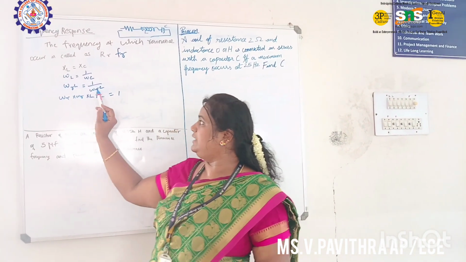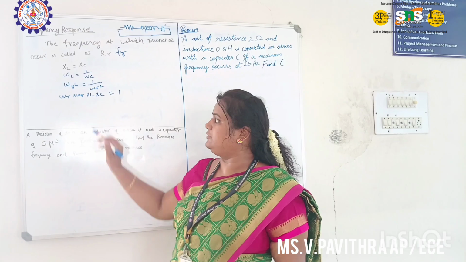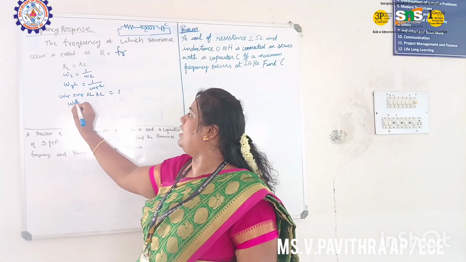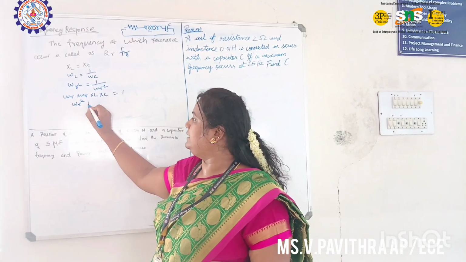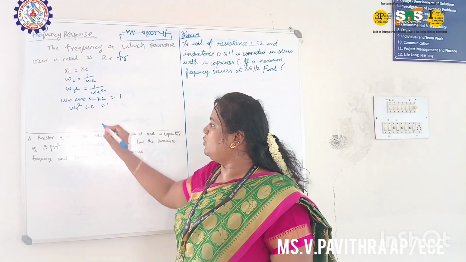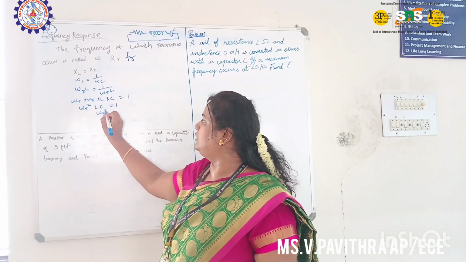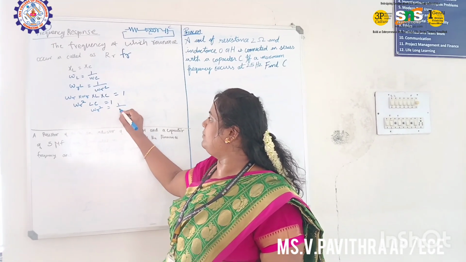So it becomes omega R square LC is equal to 1. So omega R square is nothing but 1 divided by LC.